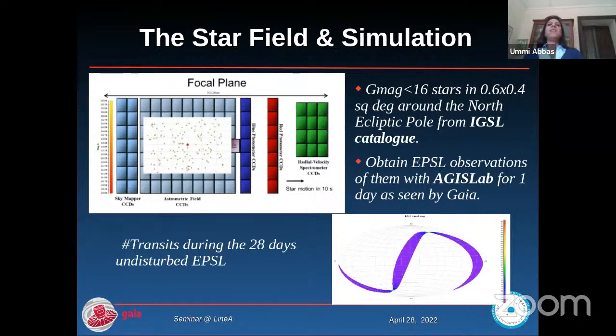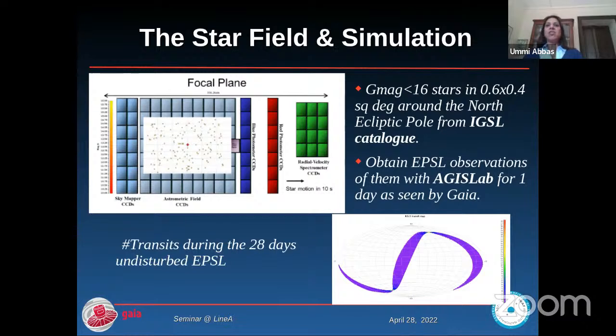And what we did is we simulated the ecliptic pole scanning law observations. EPSL just means the ecliptic pole scanning law. We simulated observations of these stars around the ecliptic pole using the AGIS Lab software suite that is available to us. And this essentially simulates the positions seen and the cadence of observations.